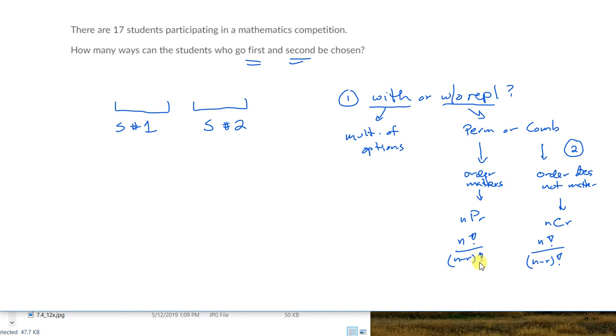So we're reducing the number of options, and we divide by that extra R factorial to group things together. That's combinations, if the order does not matter. So you have to make a decision about what's happening, and once you do, it should be a pretty straightforward process. All right, and there we go.